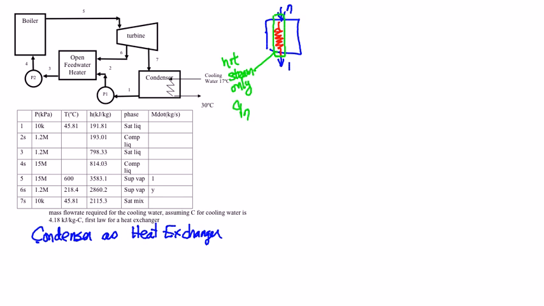The governing equation we have for that, which we covered in the first part of the video, is that the heat rejection rate is m dot times (H1 minus H7). This portion we talked about.